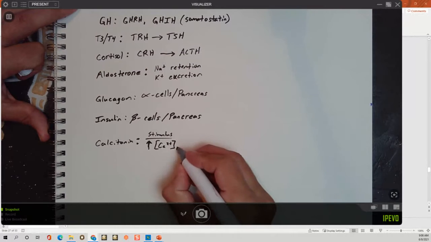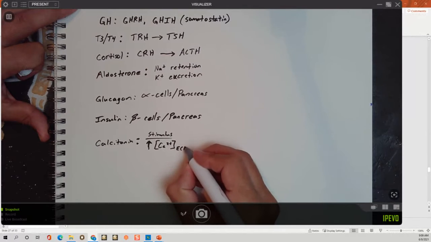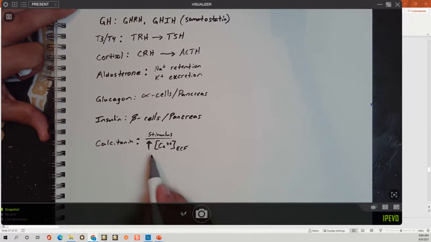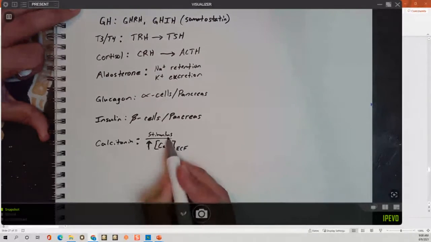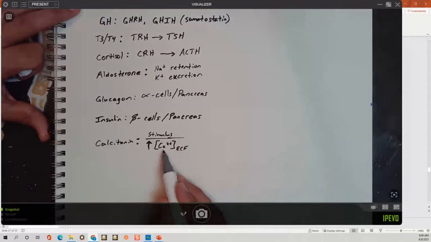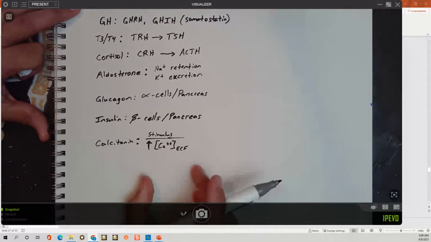And then if I write ECF, this means there's an increase in the concentration of calcium outside of the cells. I could have also written plasma, and that would have worked. Do you see this abbreviation and understand what it means? Increase in the concentration of calcium, basically in the blood. It's a nice short version, so you can write this down faster.